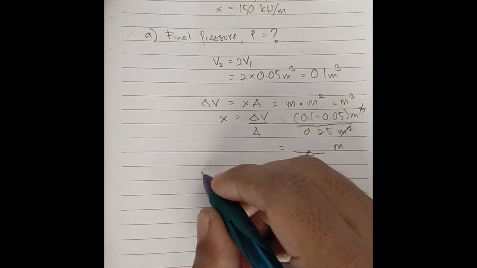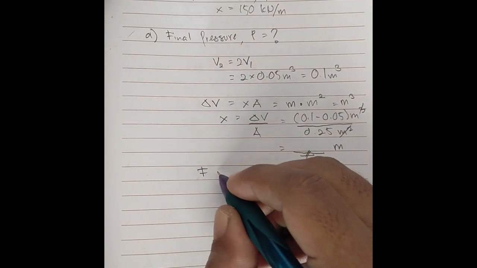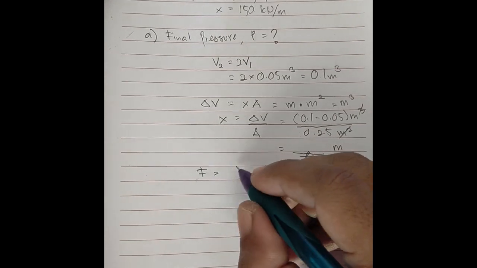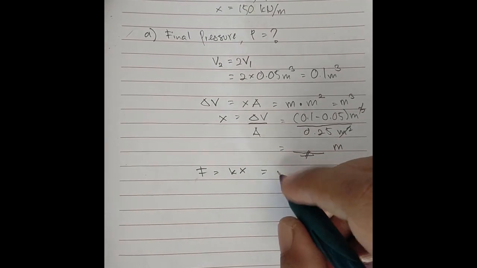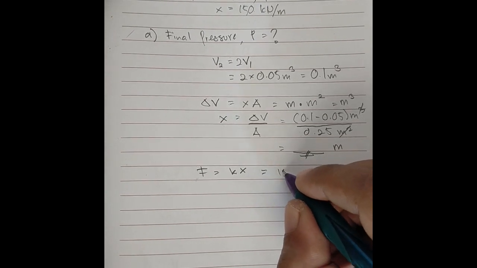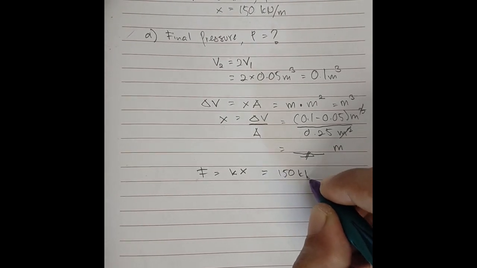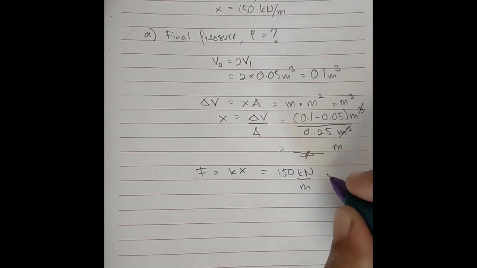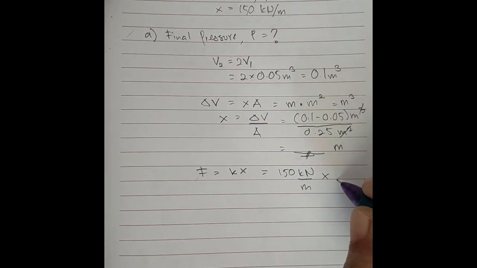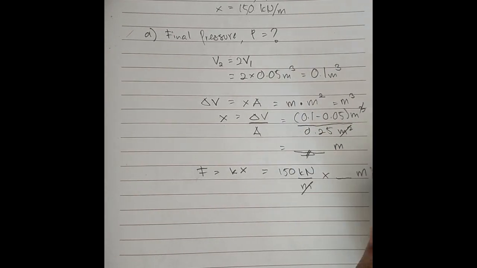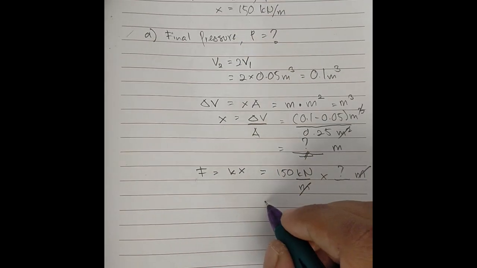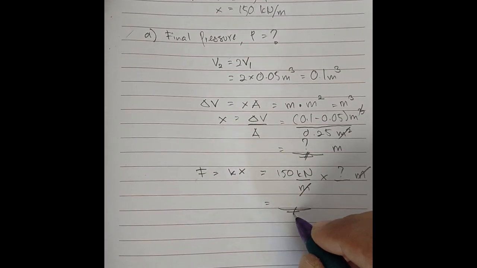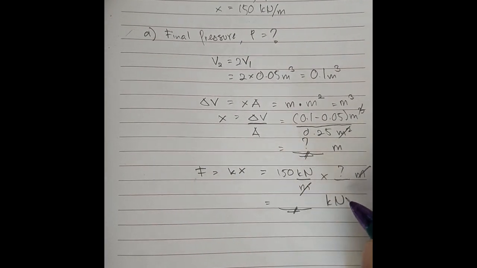Then the force applied is kx. So we have 150 kilonewton per meter times this value in meter, and we got kilonewton.